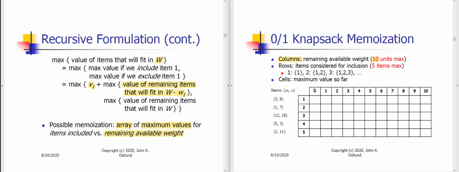I'm sorry, I said that upside down. Let me say that again. It may be after we include a certain number of items that we have 0 remaining weight available. Or it may be after we include a certain number of items that we have 1 remaining unit of weight available.